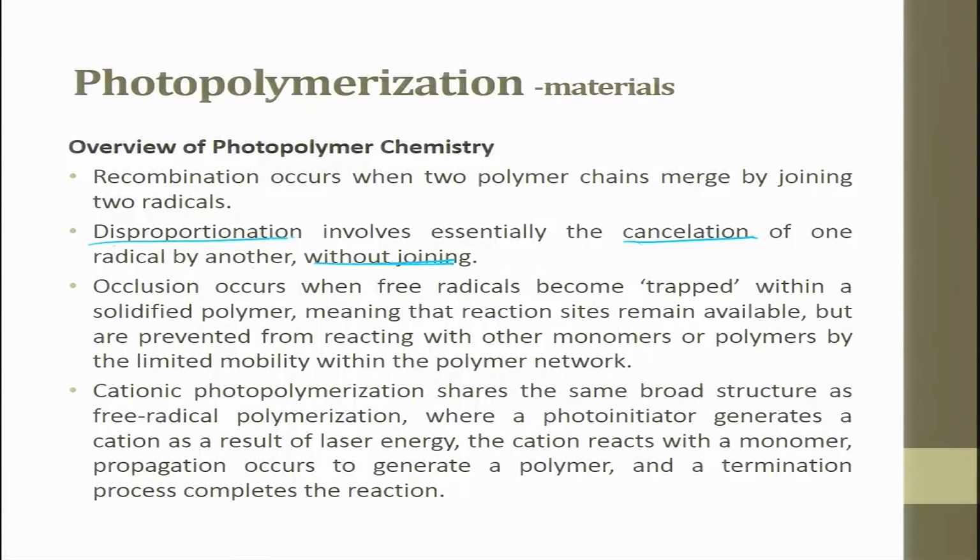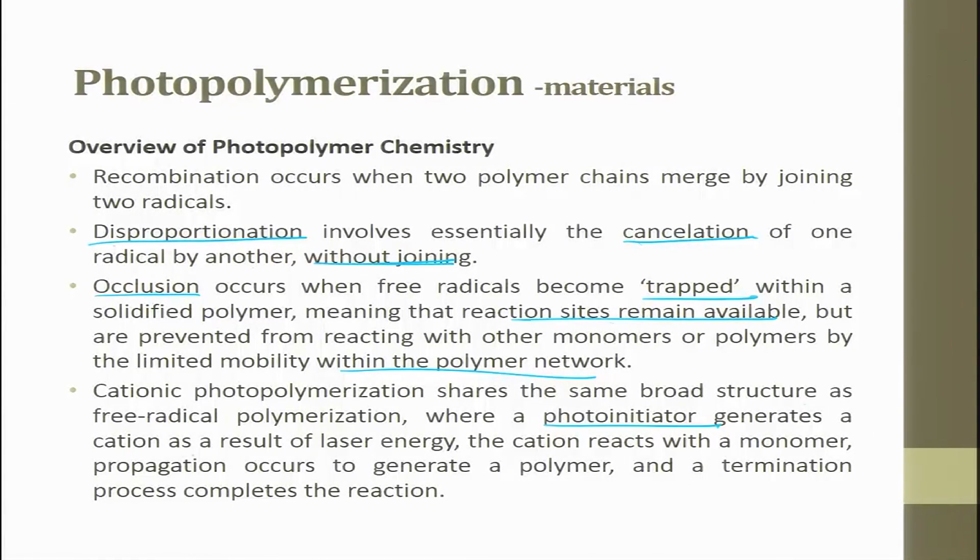Occlusion occurs when free radicals become trapped within a solidified polymer, meaning that the radical sites remain unavailable, prevented from reacting with other monomer or polymer by limited mobility within the polymer network. So, this is occlusion.